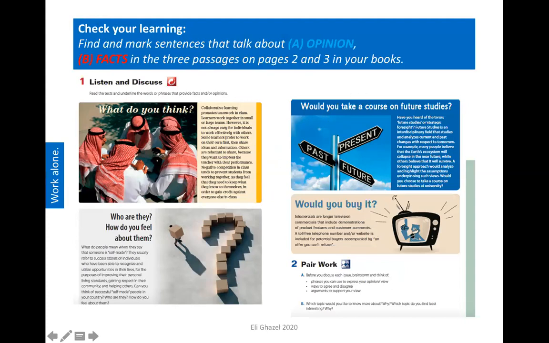And when you finish, remember, what are we doing here? We're no longer giving them a sentence alone. Now they have to look for the sentences in the text. So that sentence now is embedded. And which one is a fact and which one is an opinion. But please don't worry if they get it wrong, because being wrong is part of the learning process.